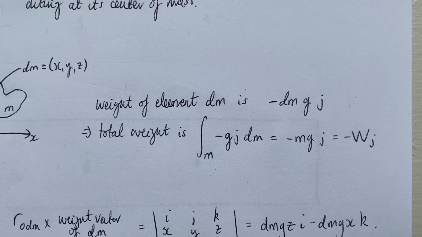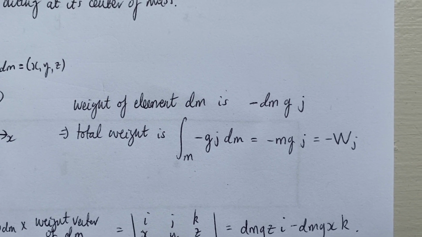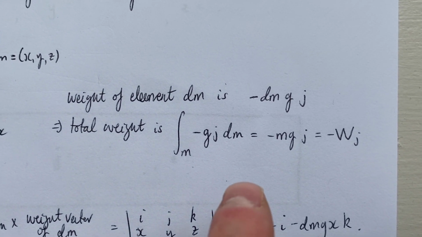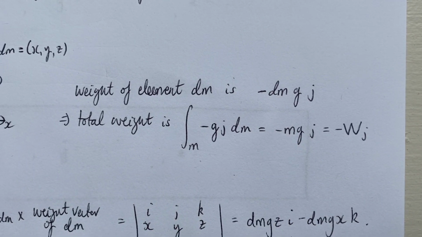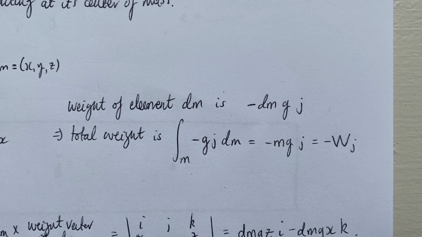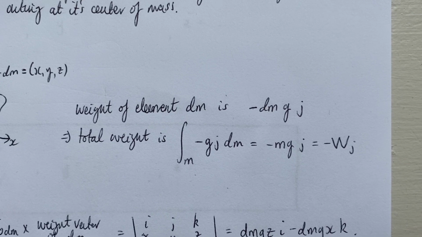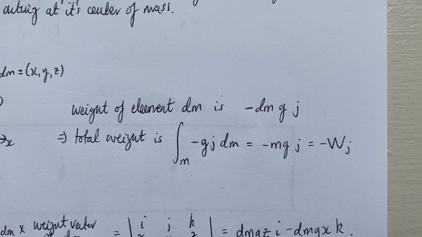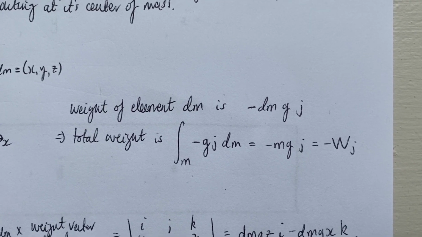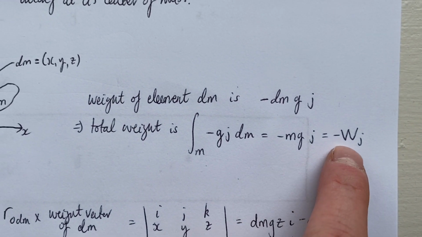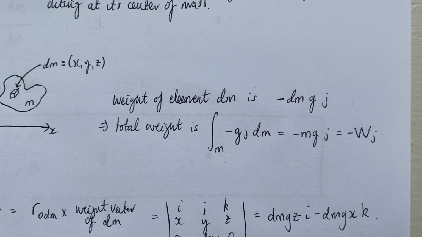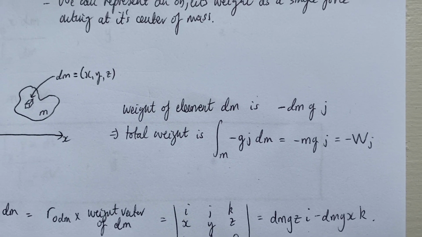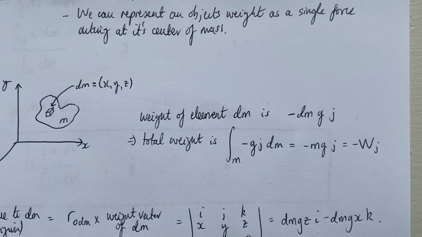If we integrate that with respect to m, we get negative m g j, and as we've just said, mass times the acceleration due to gravity is just weight. So we just have this negative W acting in the negative y direction, because it's acting vertically downwards.